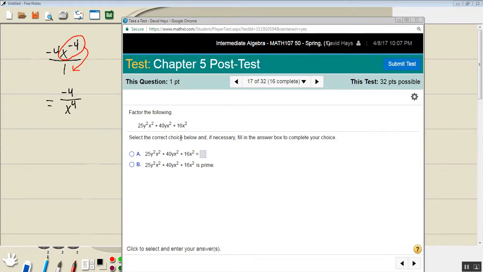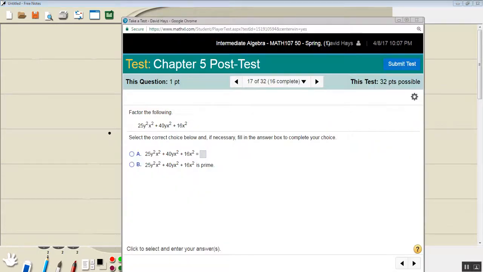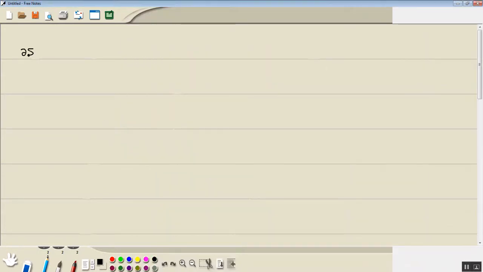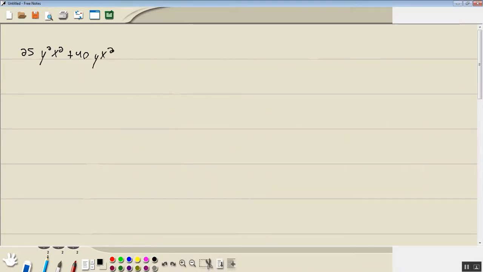Okay, I want to factor this: 25y squared x squared plus 40yx squared plus 16x squared.